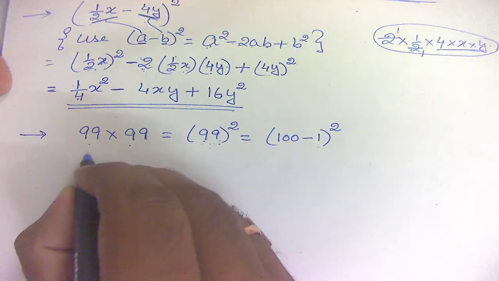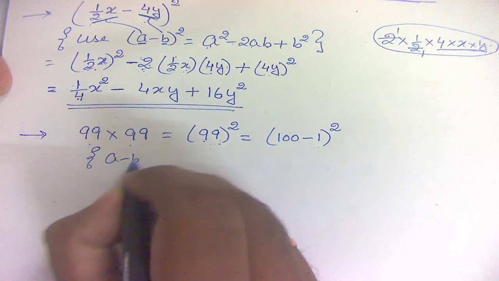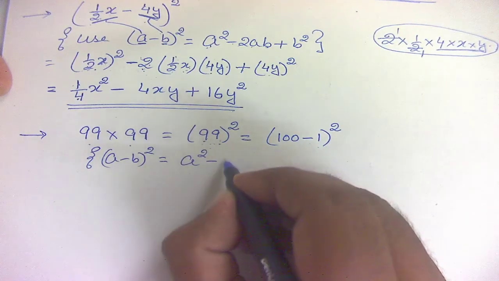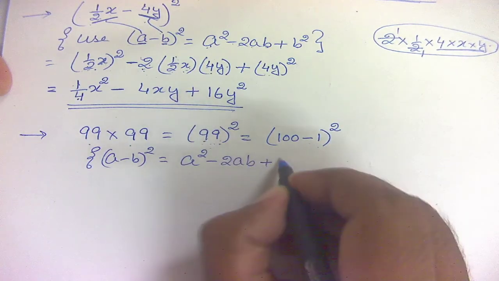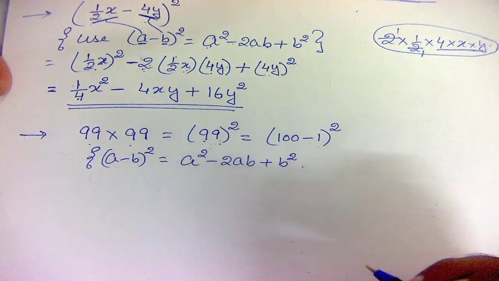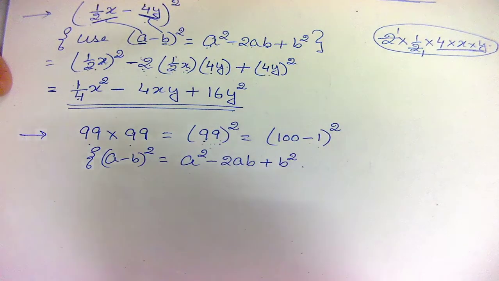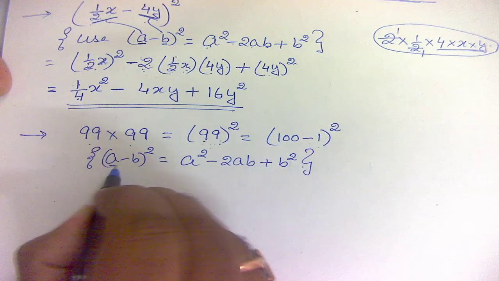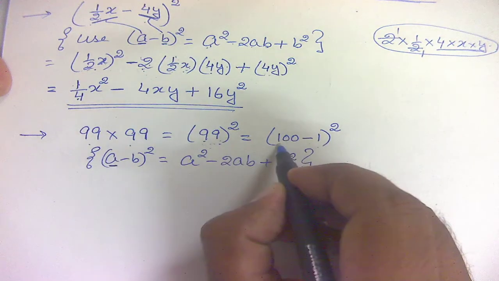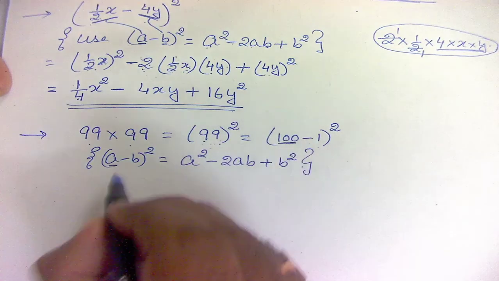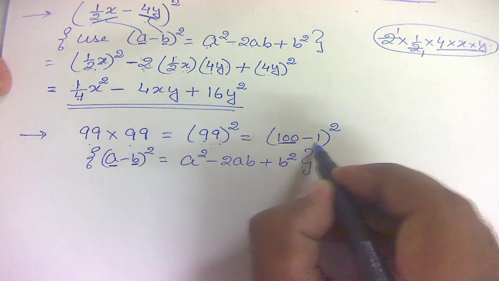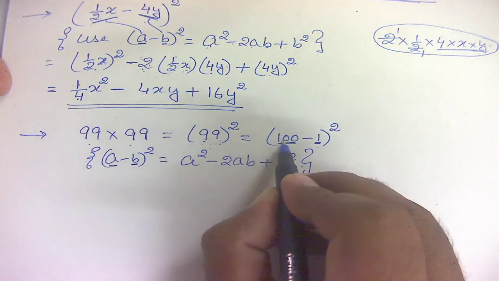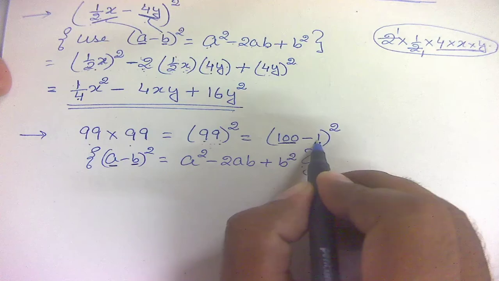So here we will use the identity (a minus b) whole squared, which is a squared minus 2ab plus b squared. If you compare, the a in the identity is equal to 100 in the question and b in the identity is equal to 1 in the question. So a will be replaced with 100 and b will be replaced with 1.